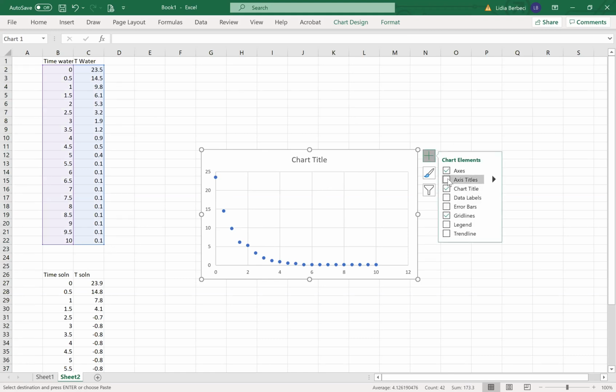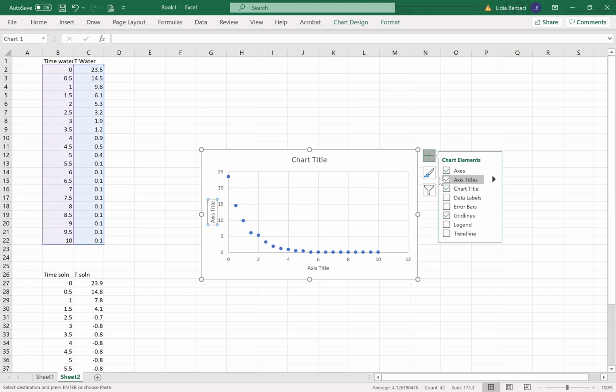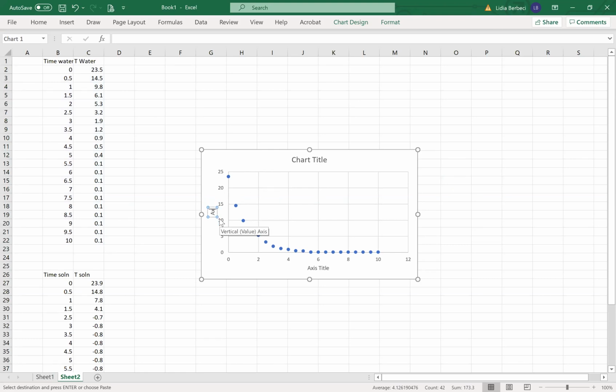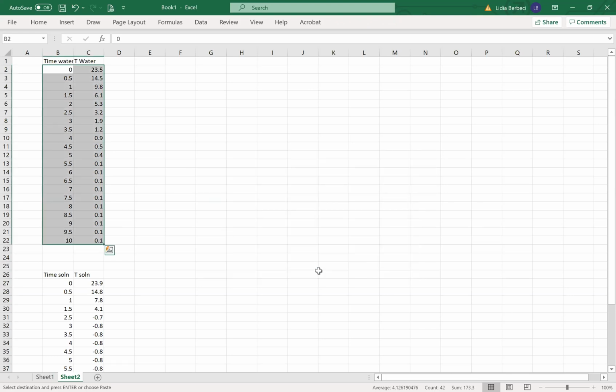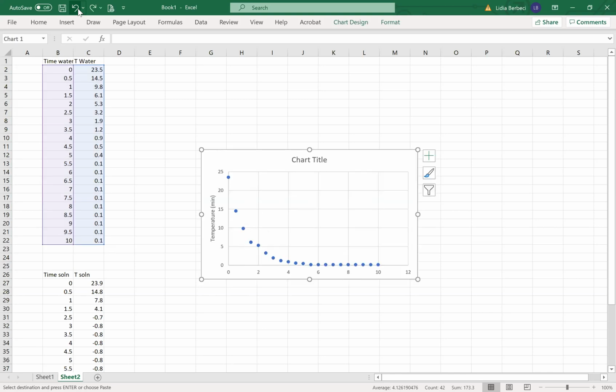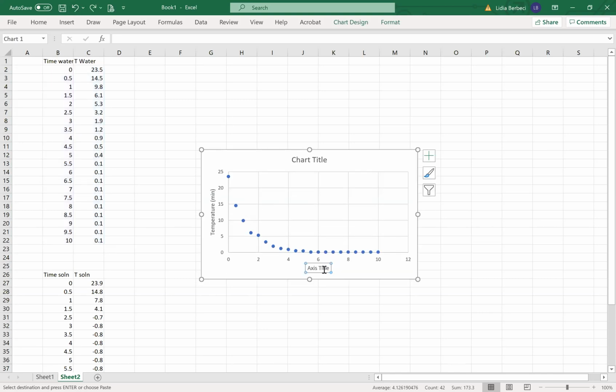We're going to introduce the title for the axis. So we have temperature, and for the bottom axis we have time in minutes, and for temperature the units are degrees Celsius.